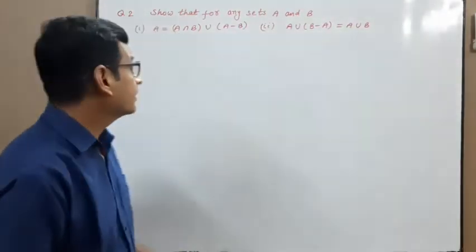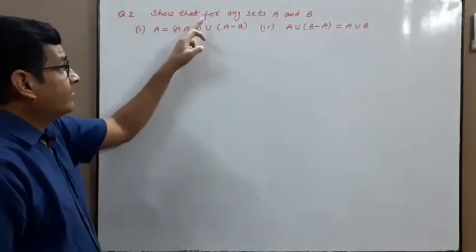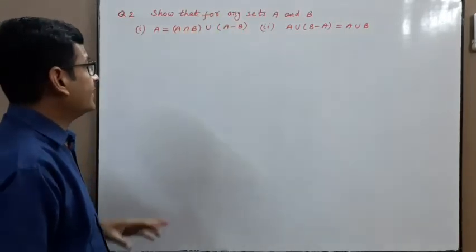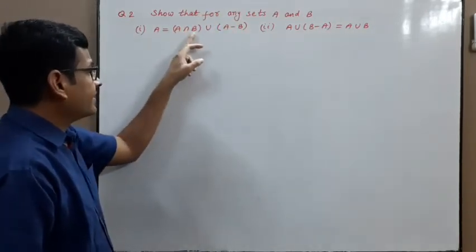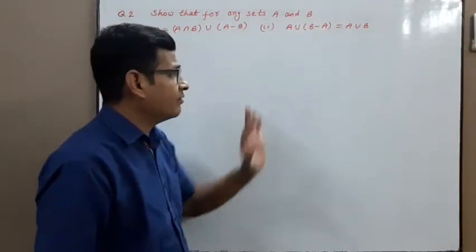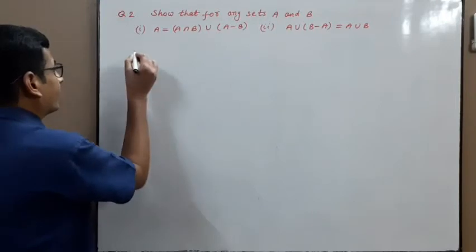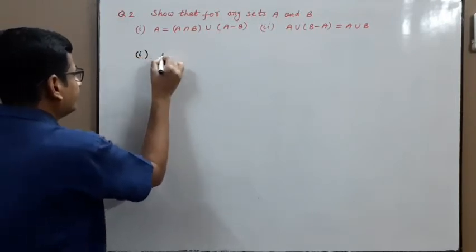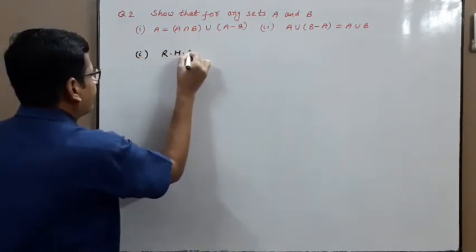Next problem. Show that for any sets A and B, A equal to A intersection B union A minus B, and second part, A union B minus A equal to A union B. First part. Start from RHS.